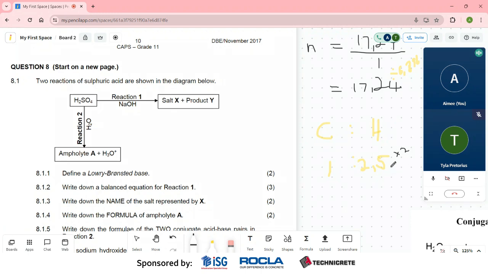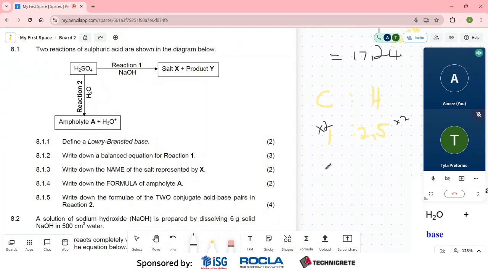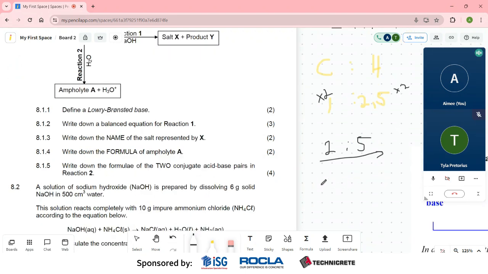You do whatever you need to do to get rid of the decimal, and whatever you do on that side, you need to do to the other side. So our ratio, in whole number form, becomes 2 to 5. So that means your empirical formula is C2H5. And that is your answer for 7.4.